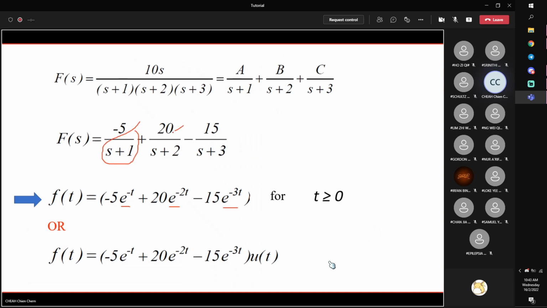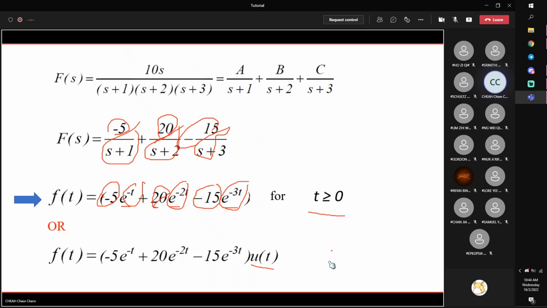Using the linearity property, you get a linear combination multiplied by -5, plus 20, and -15. And don't forget to put t greater than 0 or multiply by u(t).